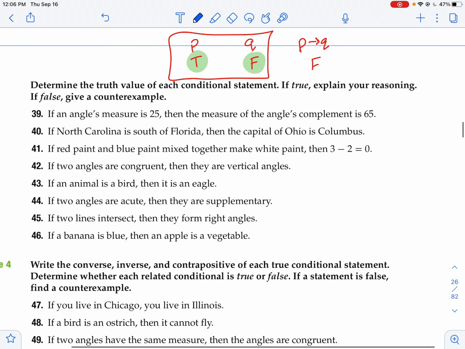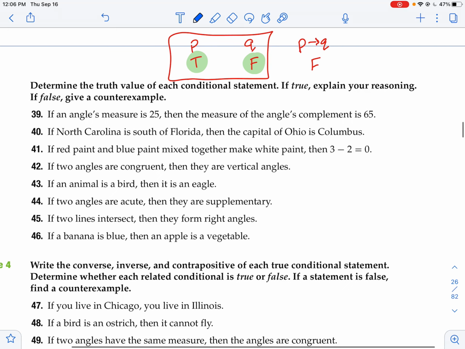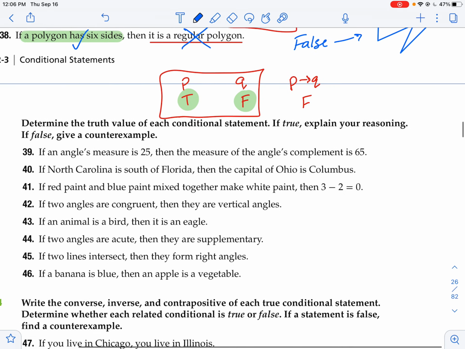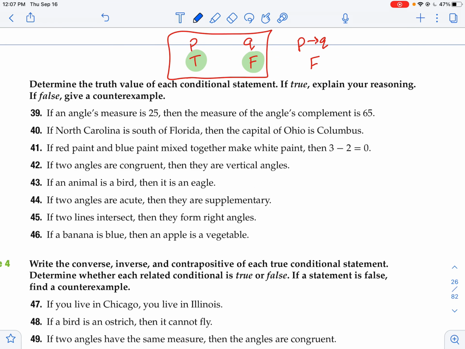Why don't you take a couple minutes, try 39 through 46 if you want to, and then unpause the video and check your work. Again, I want true, false to get a false statement. Everything else is true. All right, so number 39, I can have a 25-degree angle.